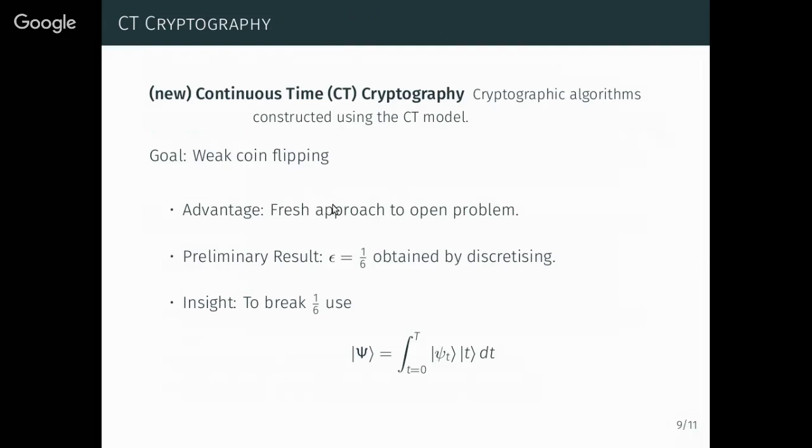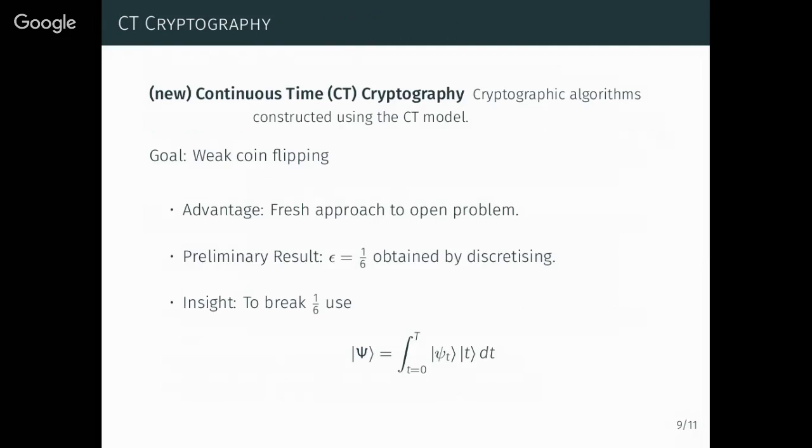So the history state, I can say a few words about it. If you look at it carefully, it basically encodes information. This psi t is basically supposed to be the logical state of the system at some earlier time t.